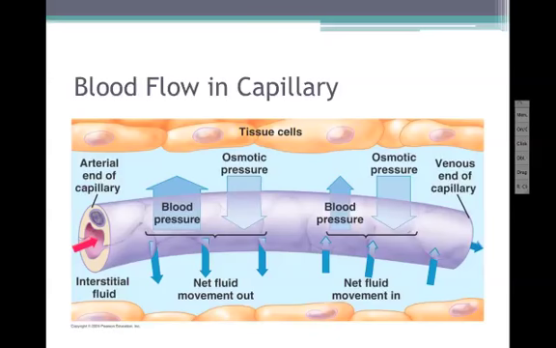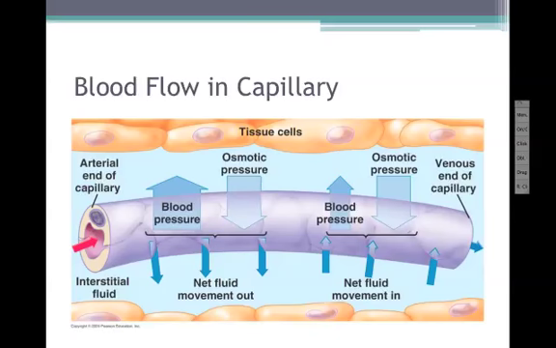And here is a picture of it. You can see that there's more things than just diffusion occurring, and it is important to realize that diffusion is one of the main processes, but osmosis is also going to be a factor, as well as the blood pressure in the capillary, because the more blood pressure, the harder it's being pushed. So the net movement is going to be, if you look at the arterial end, the blood pressure arrow size is indicating how big that pressure is.